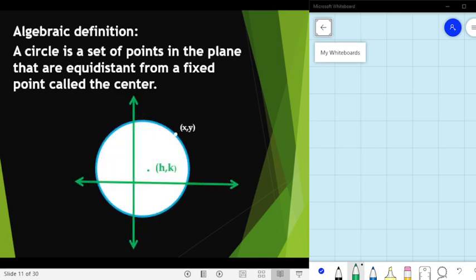So we have here the circle illustrated. We have here the center with coordinates (h, k), and this point (x, y) is on the circle.